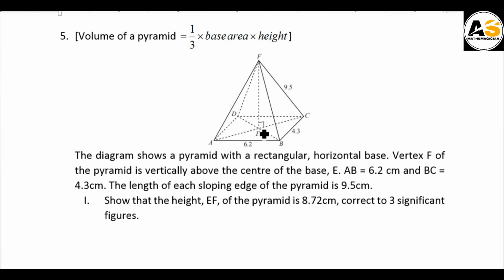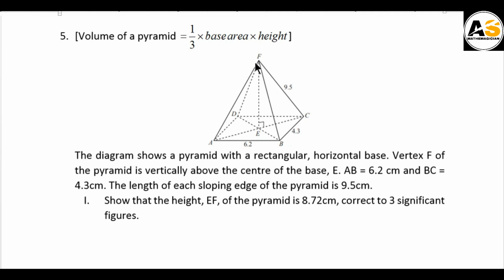This is the center of the base, E. AB is 6.2, DC is also 6.2, and AD, sorry, BC is 4.3. The length of each sloping edge is 9.5: this is 9.5, this is 9.5, and FD is also 9.5. We have to find the height EF and show that this is 8.72.